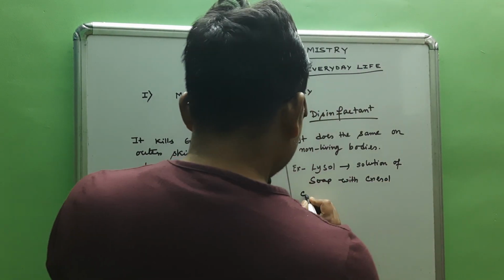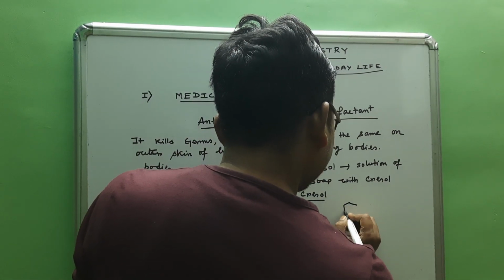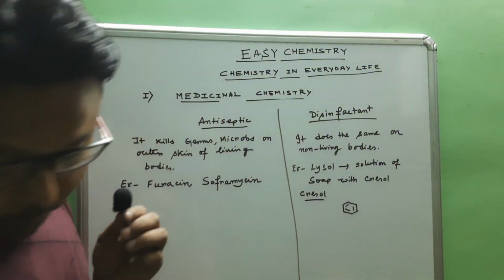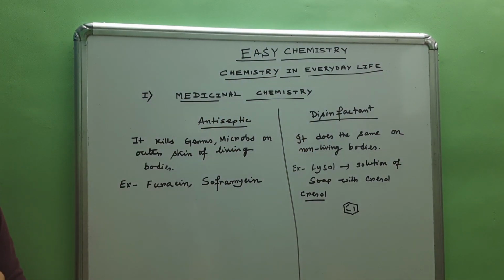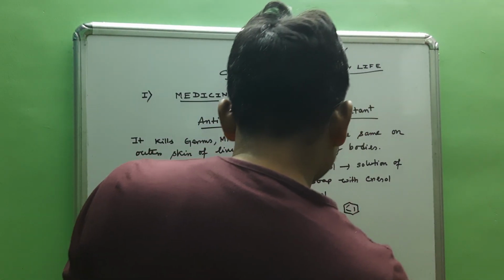So what is cresol? Cresol is a compound where an OH group is present in toluene. Cresol is hydroxytoluene.